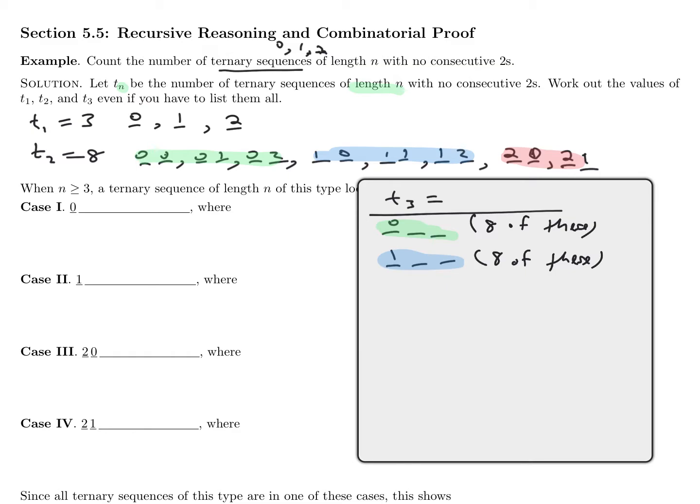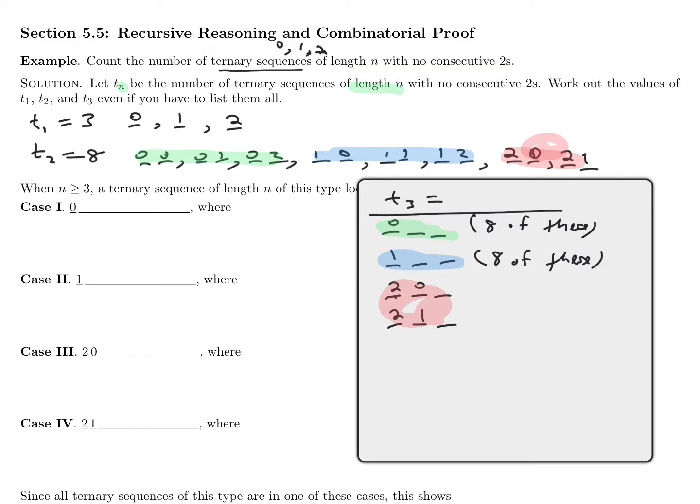And then when I have the 2's, I have to actually think about it. When I start with a 2, and I want to finish the last 2 blanks, then the second digit has to be either a 0 or a 1. So any sequence that starts with a 2 starts with either 2 0 or 2 1. Then the question is, what can go in the blank at that point?